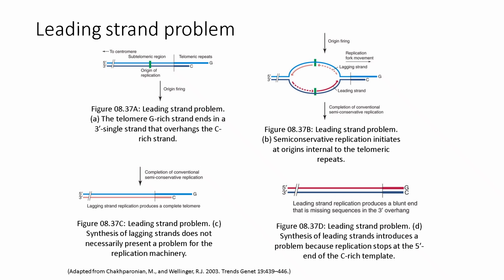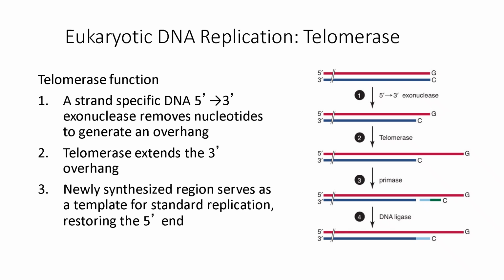The leading strand, however, cannot be extended all the way to the end, resulting in progressive shortening with each round of replication. Telomerase is a unique enzyme that solves the leading strand problem by extending the 3' overhang of chromosomes. First, a strand-specific exonuclease removes several nucleotides from the 5' end to expose a single-stranded overhang.